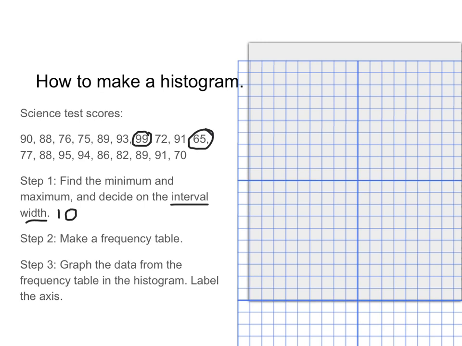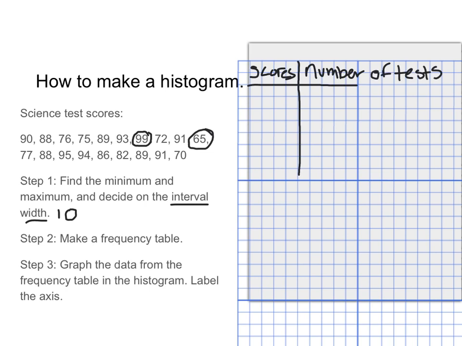So to set up your frequency table, you are going to draw a table, and the first column is going to be the score intervals, and the second column is going to be the number of tests, or the frequency. And so before we count anything up, we're going to write out what our intervals are.